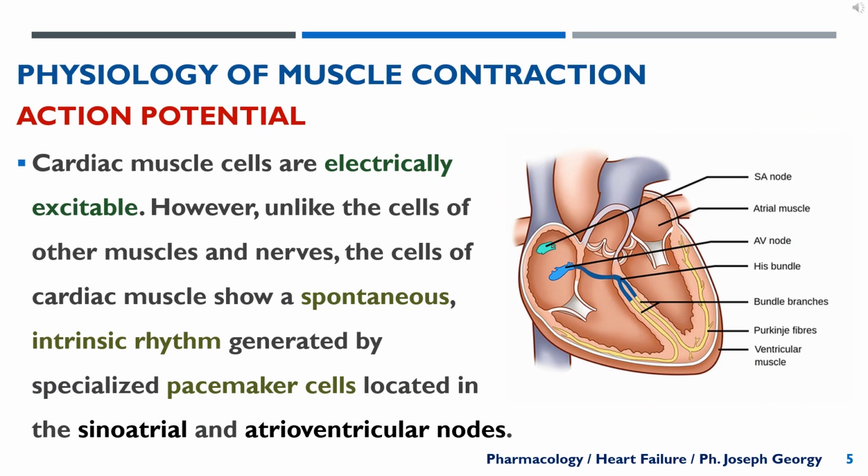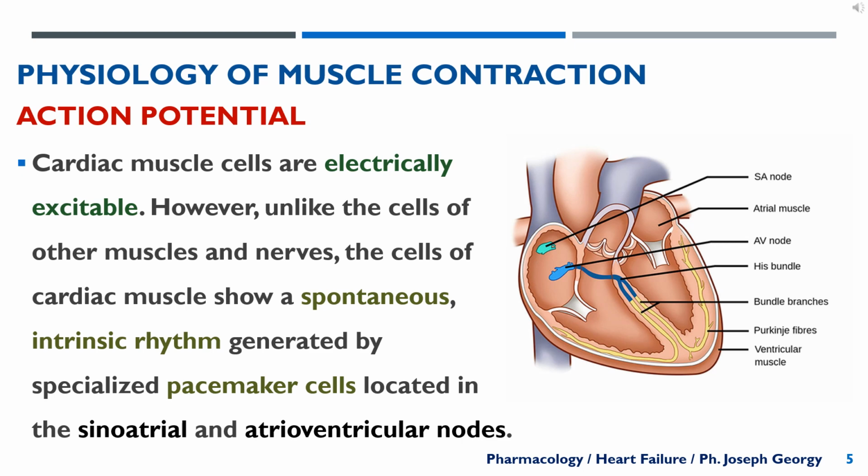Okay, when we want to talk about action potential, we should know this idea. Cardiac muscle cells are electrically excitable. However, unlike the cells of other muscles and nerves, the cells of cardiac muscle show a spontaneous intrinsic rhythm generated by specialized pacemaker cells located in the sinoatrial and atrioventricular nodes.